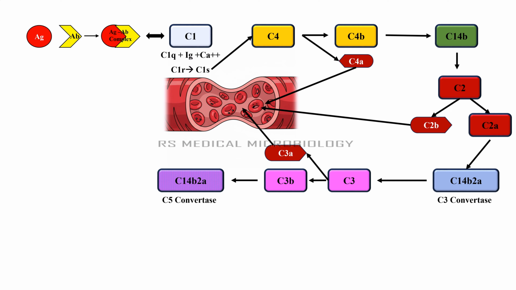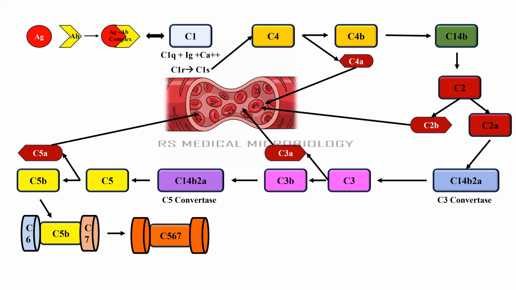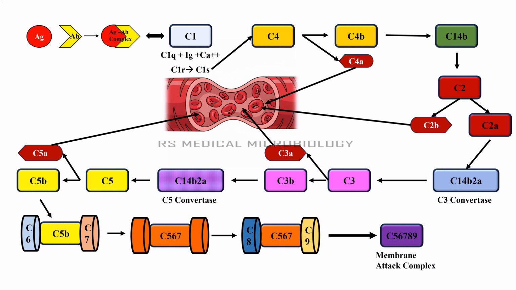C3b along with the previous C3 convertase will form C5 convertase. Then goes the step of C5. C5 again splits into C5b and C5a, and C5b will join with C6, C7 first. Then there's a formation of C8 and C9. So finally you have the membrane attack complex which is formed, right? So this leads to antigen killing.